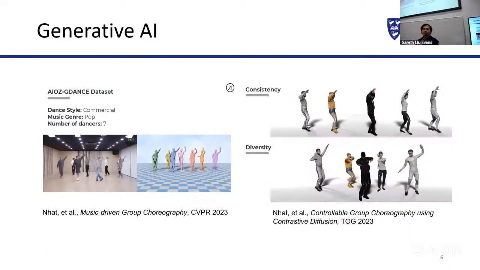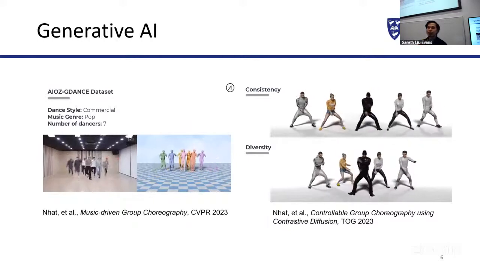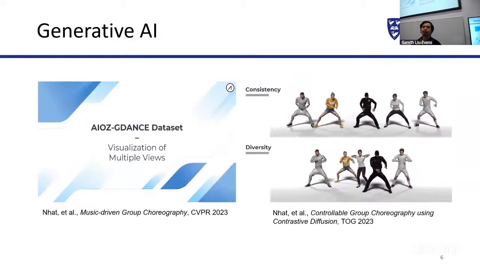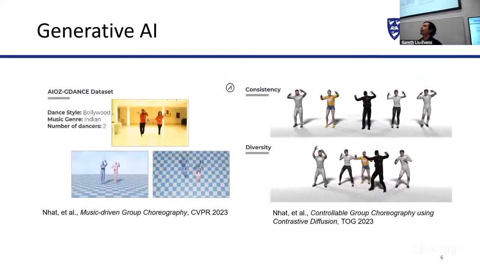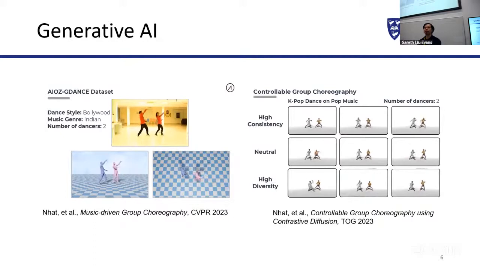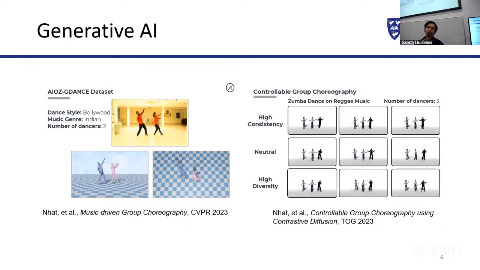When we talk about group dance, there's a concept of consistency and diversity. Consistency means several dancers in a group dance more or less very similarly, and diversity means the dancers in the group dance very differently, but still need to follow the music beat and rhythm, of course.